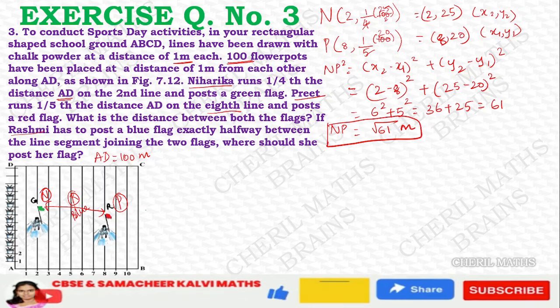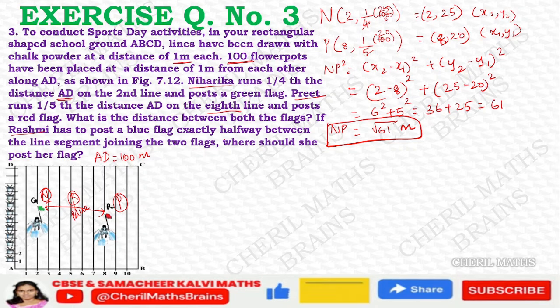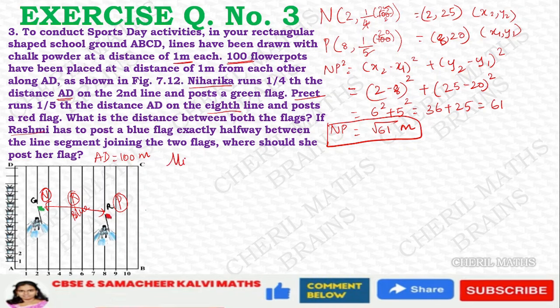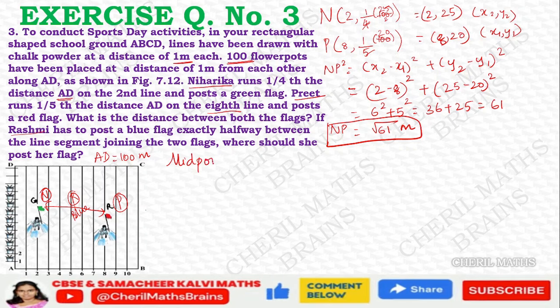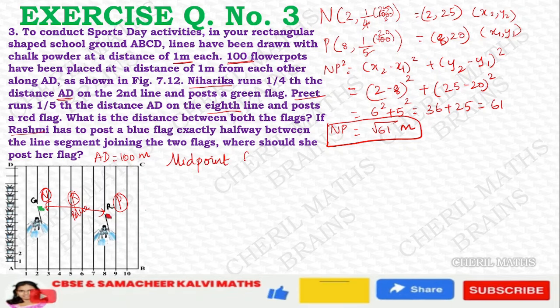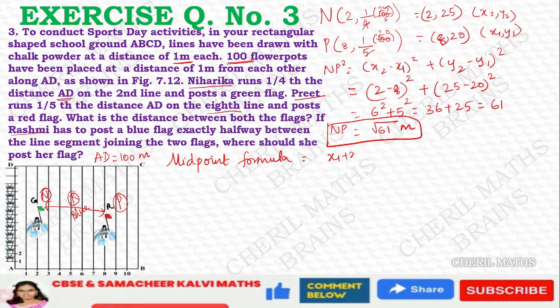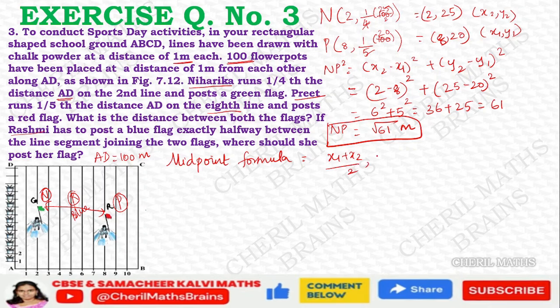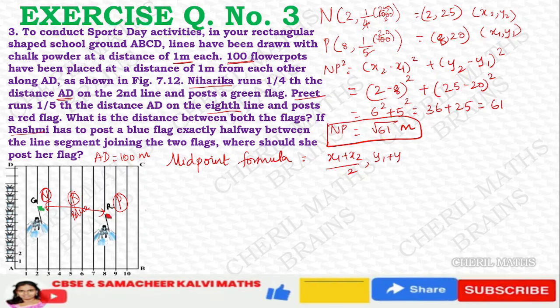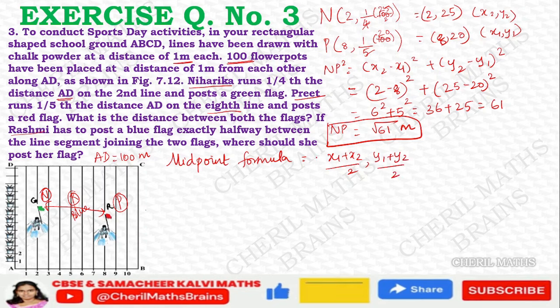Next, what is given? Where will Rashmi lay her flag? It is going to be halfway. So we have to use the midpoint formula for N and P. So what is that? x1 plus x2 by 2 comma y1 plus y2 by 2.